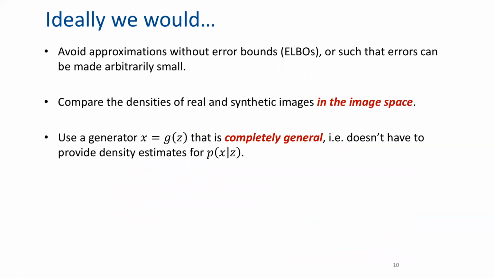Okay, so what we would like to do if we could would be avoid those approximations in the variational expansion of the marginal distribution of X. And we'd like to also compare, when we're training the generator, we'd like it to be optimizing some kind of difference between real and synthetic images in image space. And we'd like to remove, if we can, the constraint that the generator has to produce density estimates for X given Z.